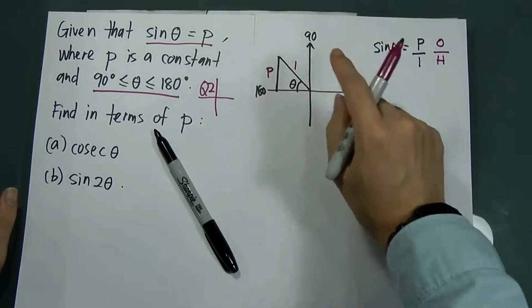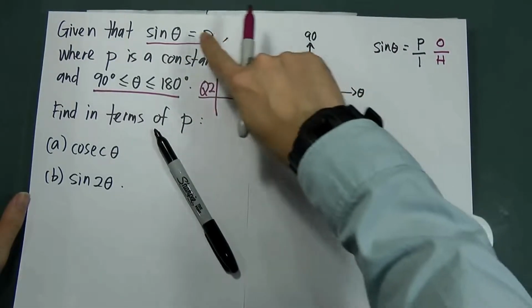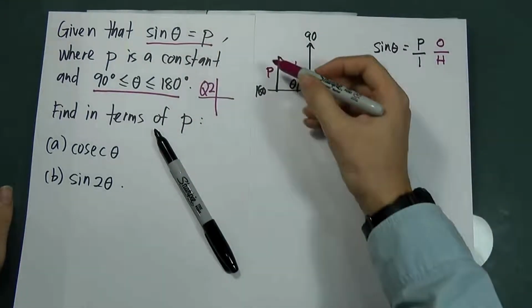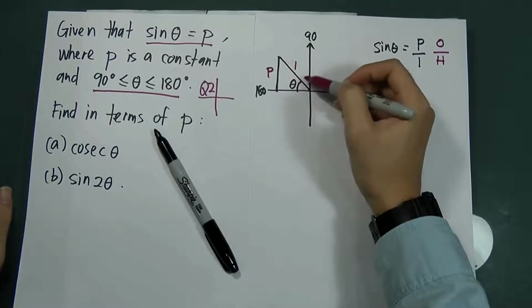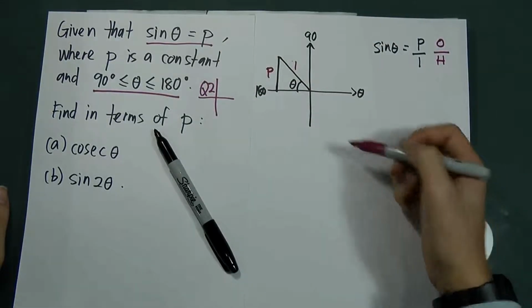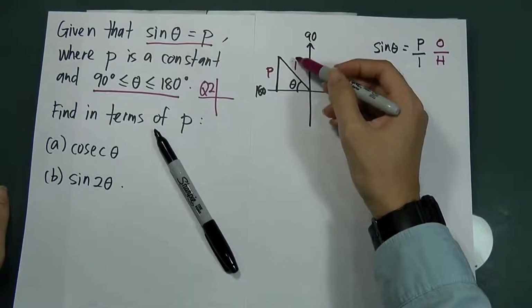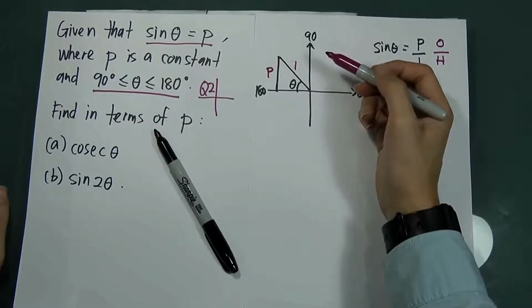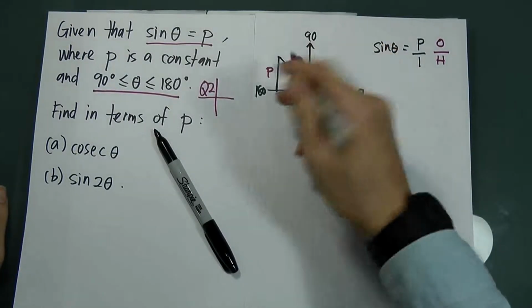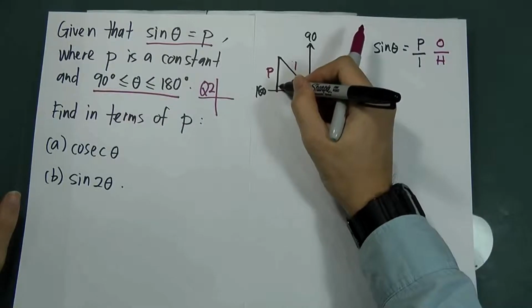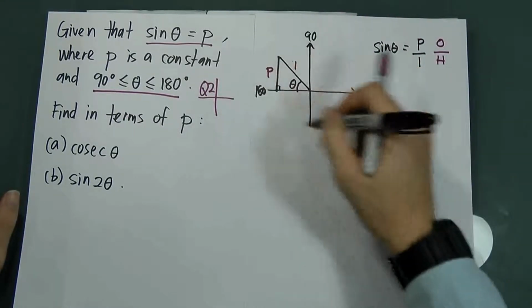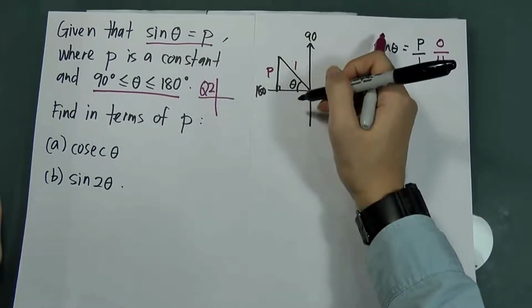When he says sine angle equals P, it means opposite over hypotenuse gives P. So here it's P, and here is 1. This is a right triangle. Whatever triangle in trigonometry must be a right triangle.